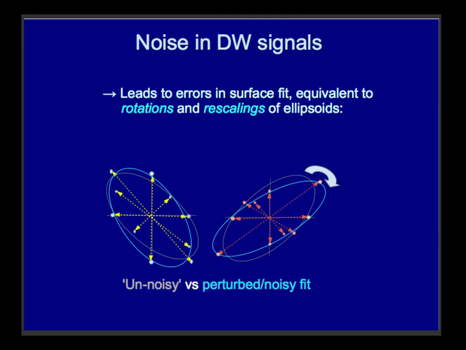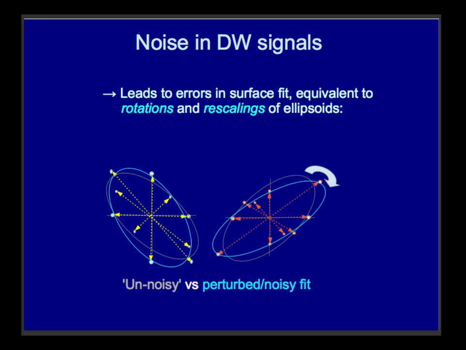And what does noise do? If you want to think about it geometrically, well, if I've estimated this nice ellipsoid shape that represents diffusion, in this case, let's say the gray fit is the unnoisy one, so I would assume that my structure is running here. What does noise do? It makes my fit wrong. And it can be wrong in a couple different ways.